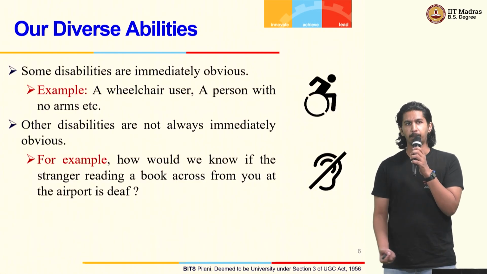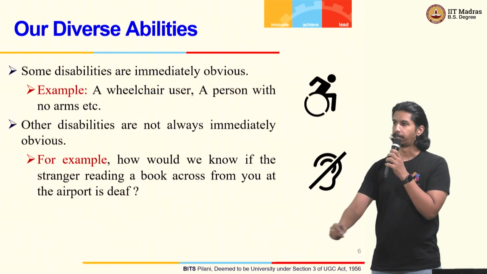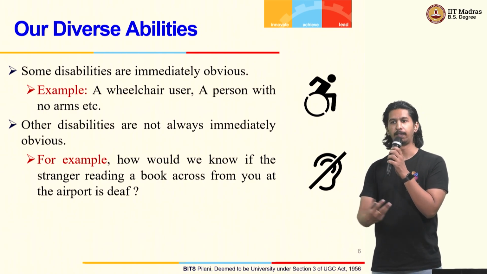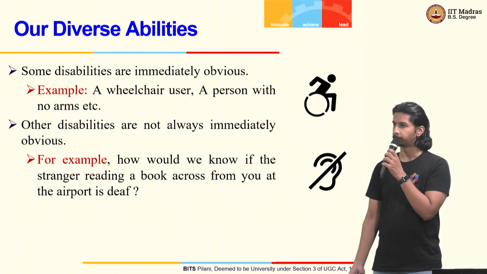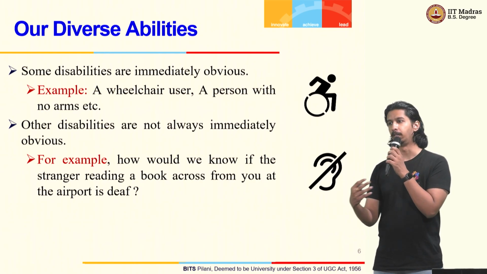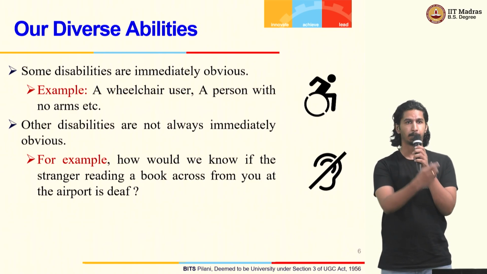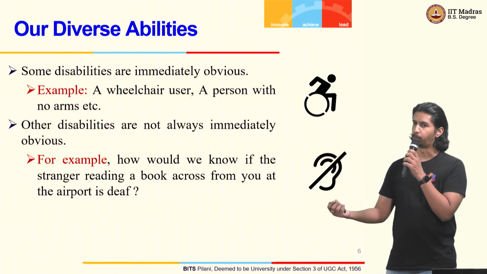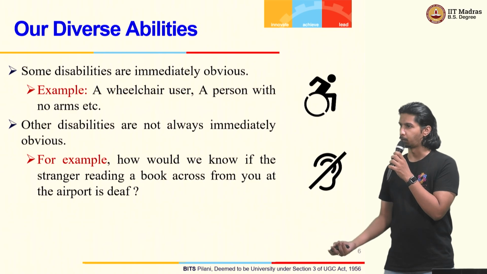So some disabilities are very immediately obvious, correct? For example, if someone is in a wheelchair or someone without limbs or arms, it's quite evident and we might be able to immediately know that the person has a disability. But not all disabilities are visible, right? So there could be disabilities which are not visible. For example, how might we know if a stranger who's sitting in an airport, maybe reading a book, is hard of hearing and so on, right?